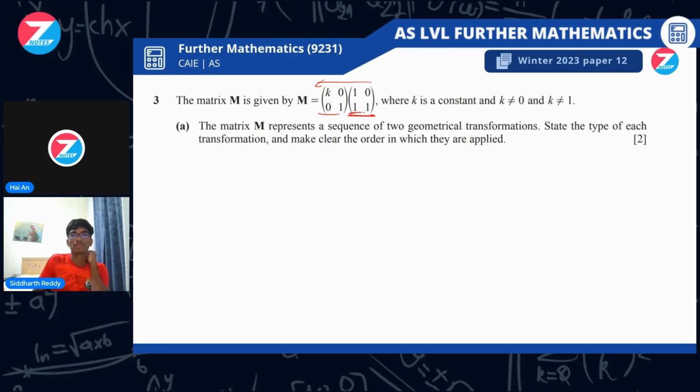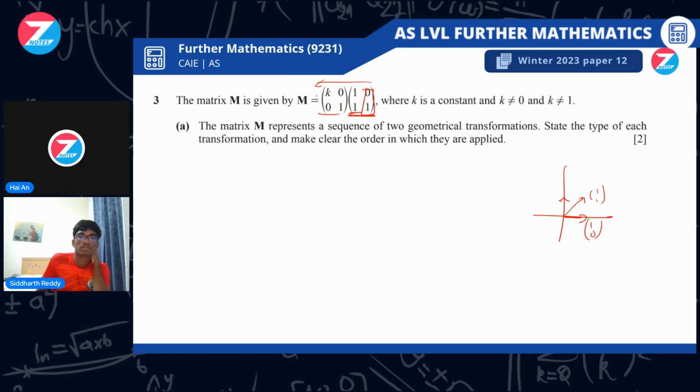What the first column of this matrix means is that in the xy plane, the i hat vector, the unit vector 1, 0, is going to 1, 1. So it looks like this. It went from 1, 0 to 1, 1. And this column represents the j hat vector 0, 1, and it stays as it is.